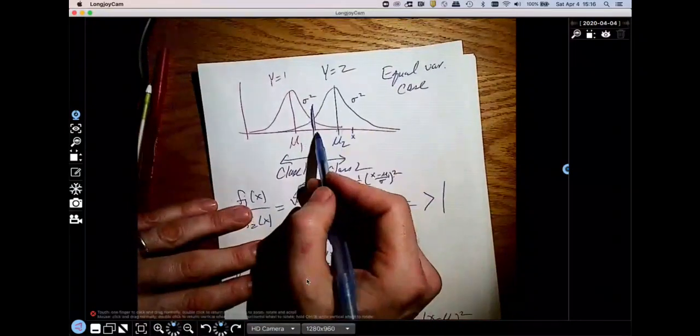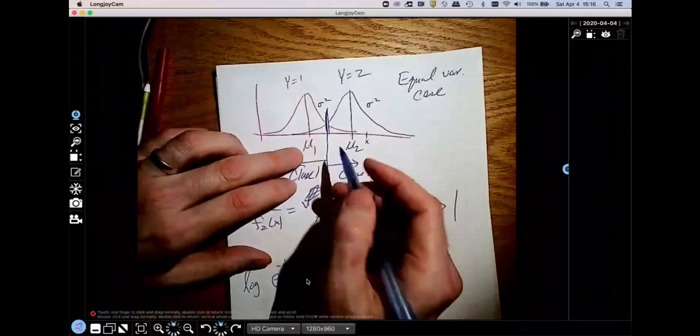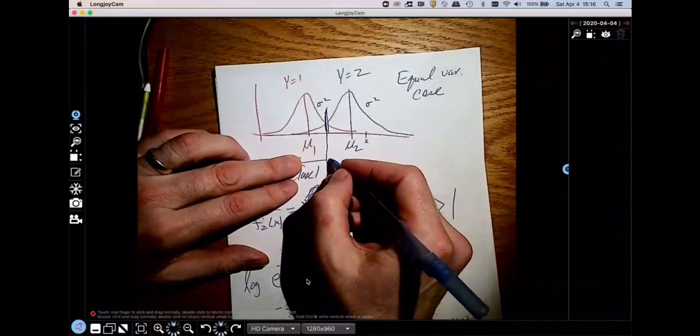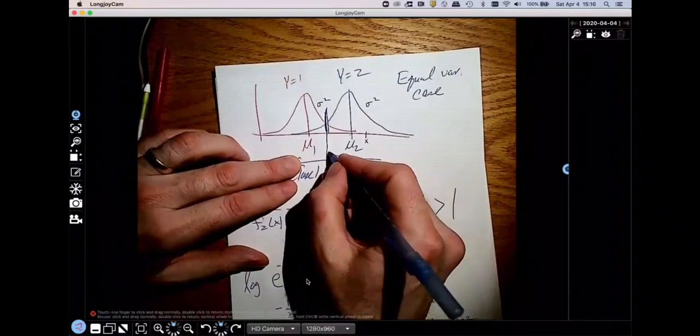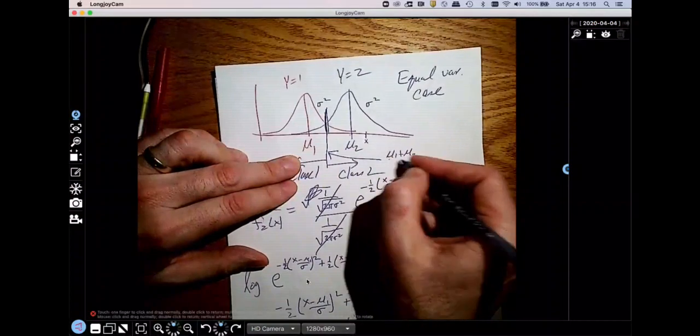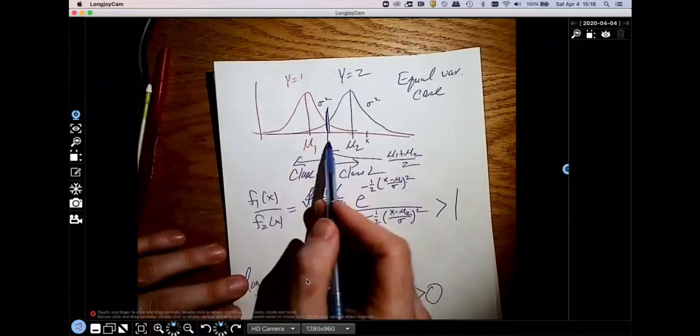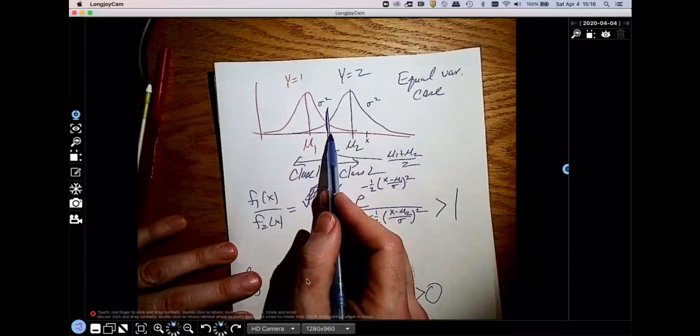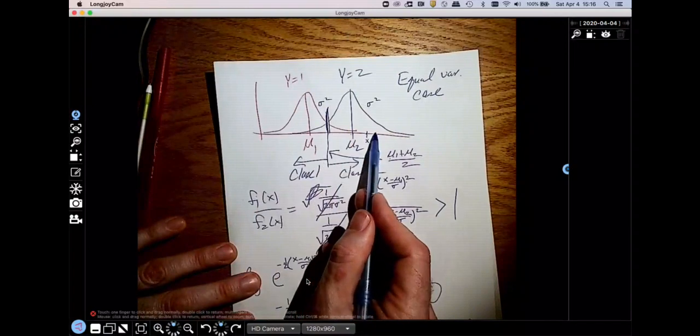Now, having said that, this becomes extremely easy. This is just the average of the two. Mu1 plus mu2 over 2 is going to be that point. So all the points to the right of the mean of the means are closer to mu2.